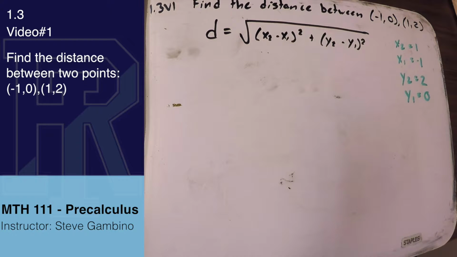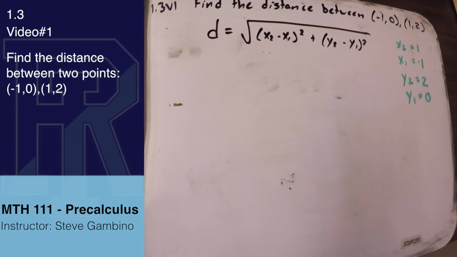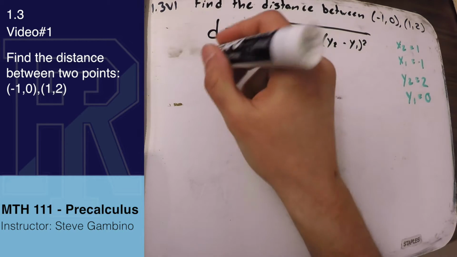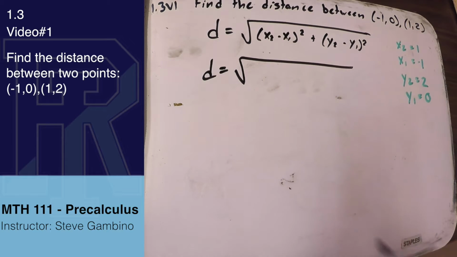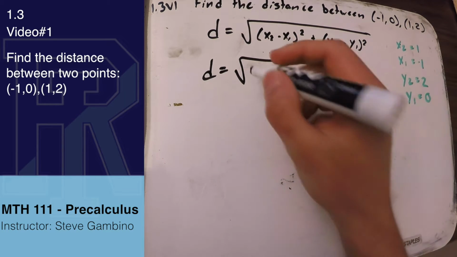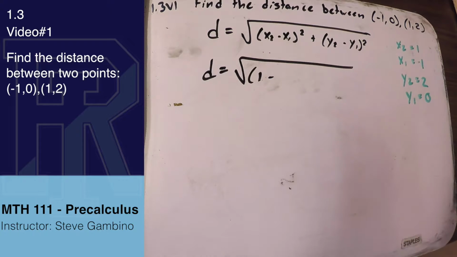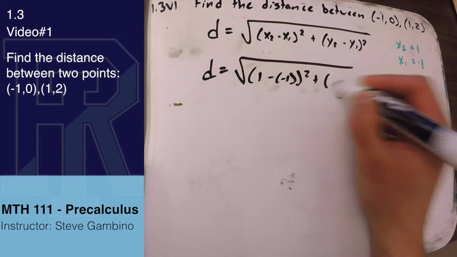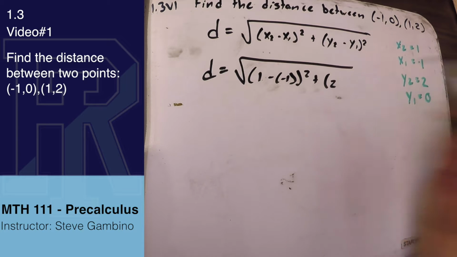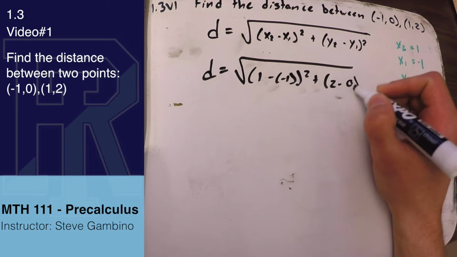Right, so now with that information, all I have to do to find the distance is plug in each of those pieces of information. So I have x2 is equal to 1, 1 minus x1 is equal to -1, y2 is equal to 2, y1 is equal to 0.